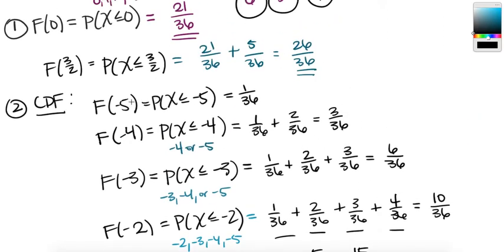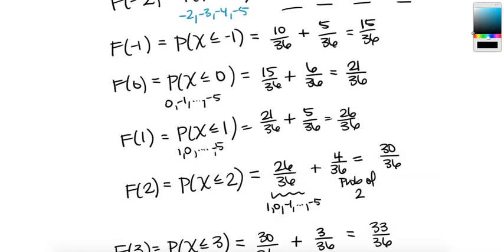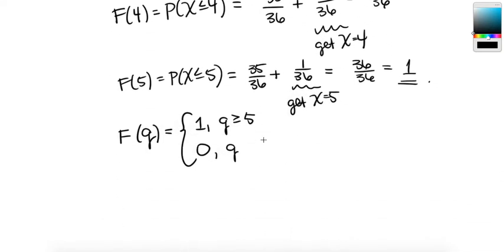So the probability of us getting something that's truly less than -5 is 0 because x never takes on that value. So let's write that down. This is less than -5. All right, and there is the cumulative distribution function for this example.